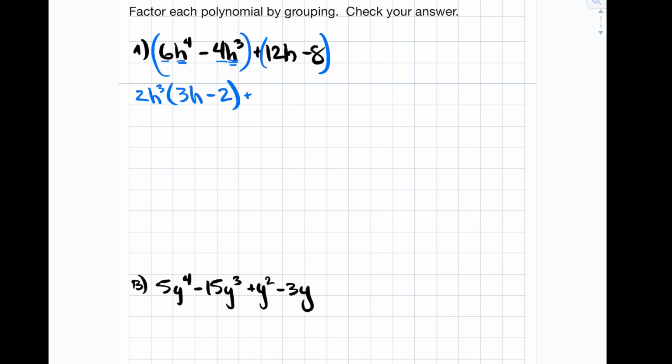In the second parentheses, we could factor out a 4. 4 goes into 12 3 times, that's 3h, and 4 goes into 8 twice.